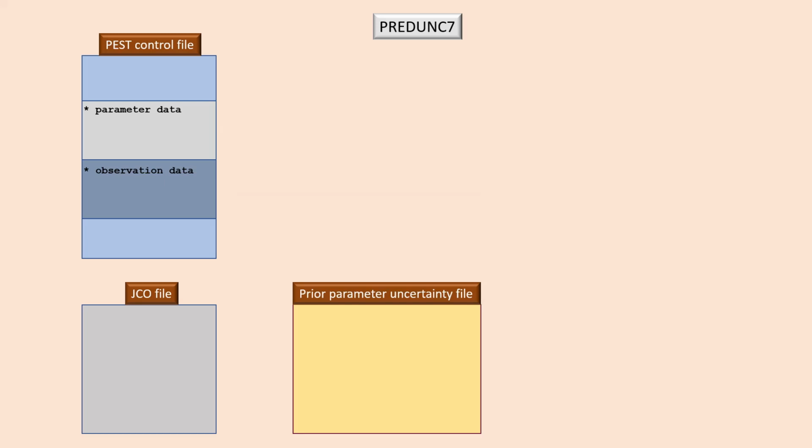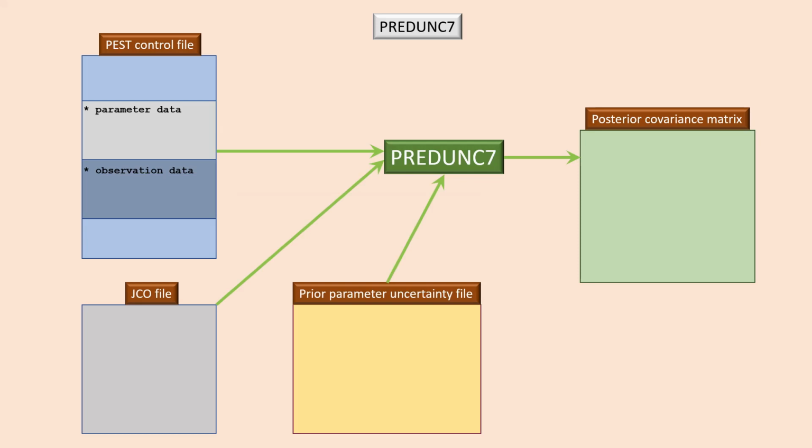We can then run predunc 7 to give us the posterior covariance matrix of parameters. This can be very large because if we've got thousands of parameters, that matrix will be very large indeed. It will have the same number of rows and columns as the number of parameters which are featured in the inversion process.